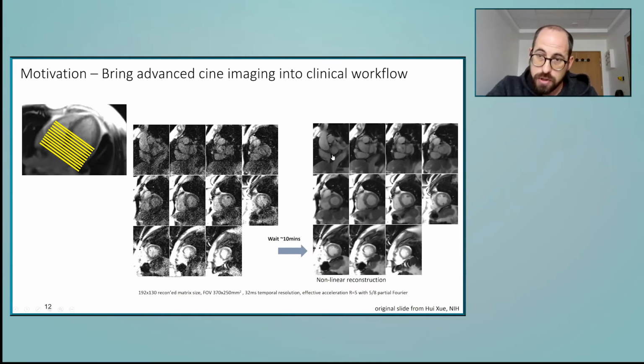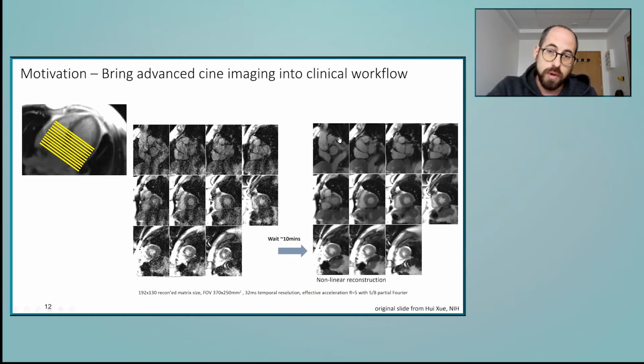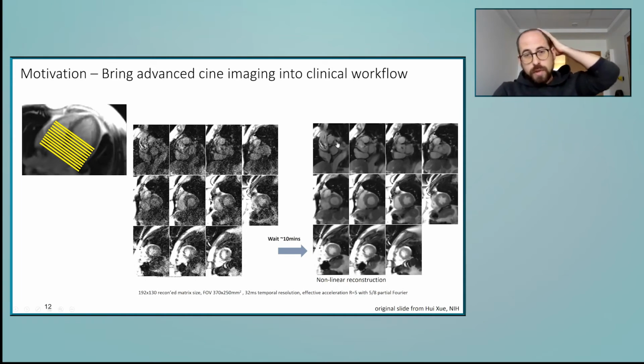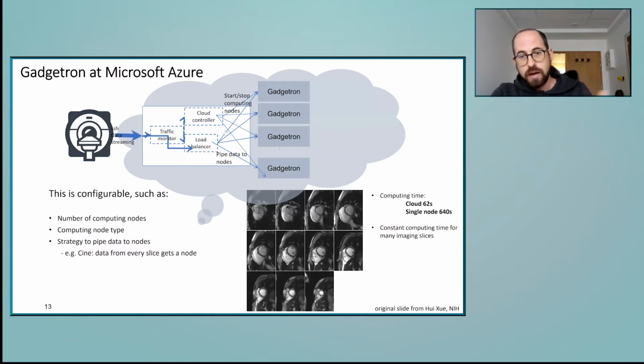The reconstruction is a 2D multi-slice acquisition, so you can run each reconstruction independently by slice. They designed a cloud reconstruction where a balancer creates different nodes of the Gadgetron, and each node does the reconstruction of each slice. Using this kind of system, you can decrease the computing time significantly to less than 1 minute in this case, and it was therefore compatible with clinical workflow.